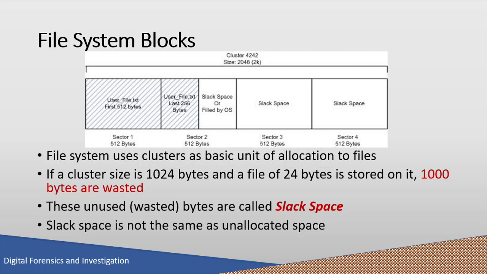If the size of a file is less than the cluster size, a full cluster is still assigned to that specific file. The remaining space remains unused and is called slack space. For example, if we have a cluster size of 1024 bytes and a file size of only 24 bytes, only 24 bytes will be stored, and the remaining 1000 bytes will be empty, wasted, and known as slack space.